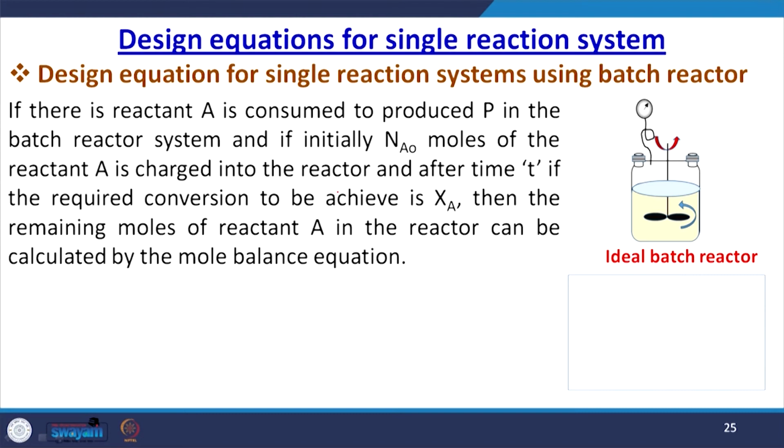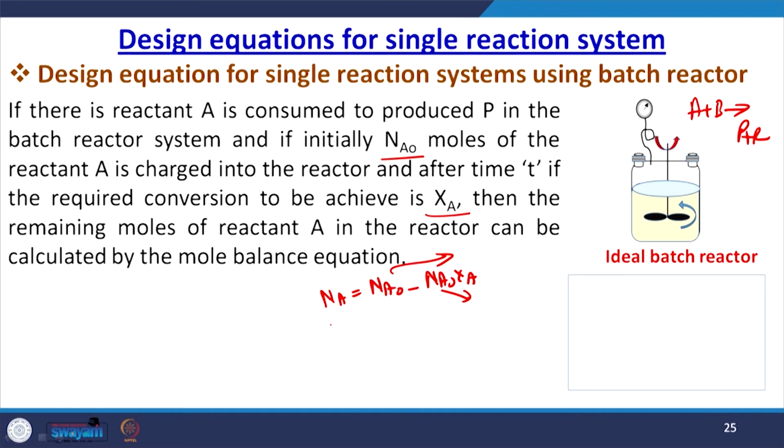Now if there is a reactant A consumed to produce P in the previous equation, and initially say that Na naught moles of the reactant A is charged into the reactor, say after some time T, if the required conversion to be achieved may be referred to as Xa, then the remaining moles of reactant A in the reactor can be calculated by the basic mole balance equation, that is Na is equal to Na naught minus Na naught Xa. Here Na naught is the initial number of moles of A, and Na naught Xa moles of A are consumed within the reaction.